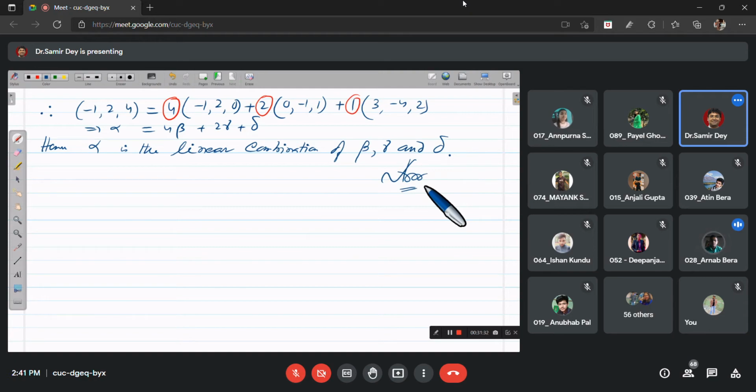Yes, sir. So if it is not possible to find the values of C1, C2, C3, in that case you should say linear combination is not possible. Okay. Now, shall I move to the next slide?